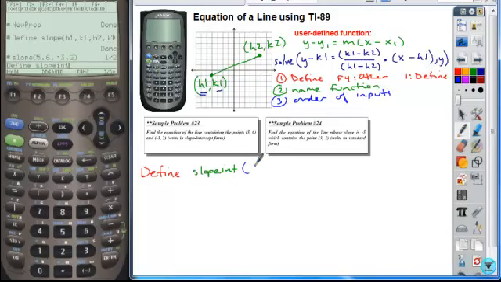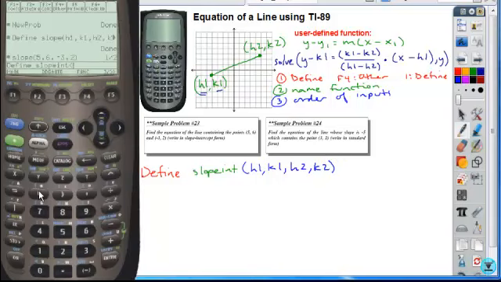I'm going to use the same set of inputs, h1,k1, h2,k2. Right after my name, again with no spaces in the name, I'm going to input the order of my inputs: h1, k1 followed by h2, k2.